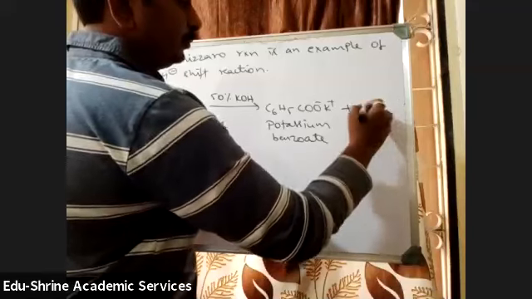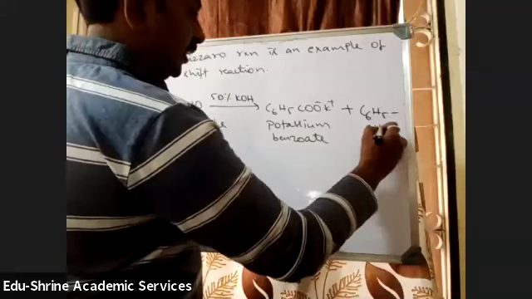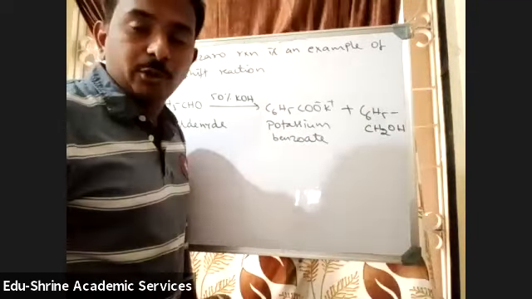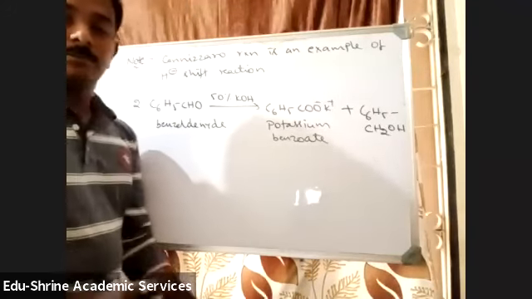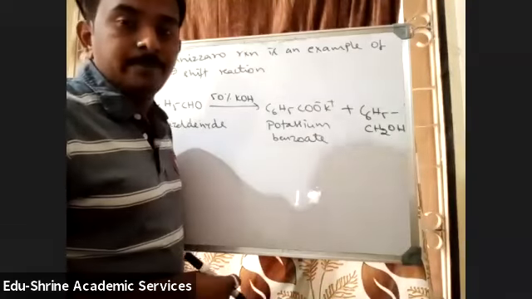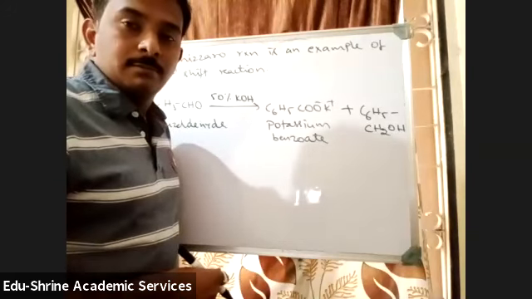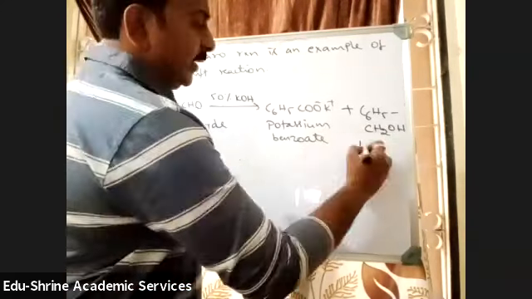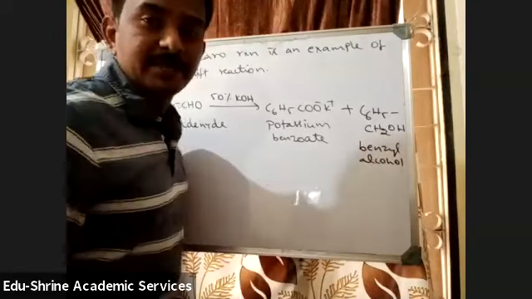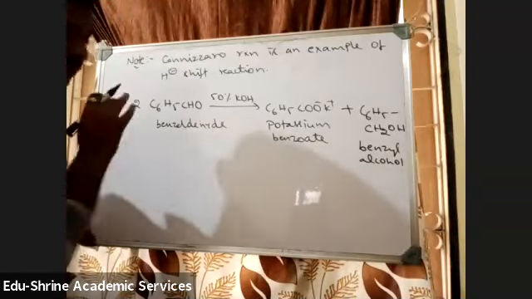C6H5, and one more carbon atom is there, CH2OH. What is the name of this alcohol? On the benzene ring, CH2OH. Yes, it is benzyl alcohol. So in that way you can write the product. One more example I'll give.